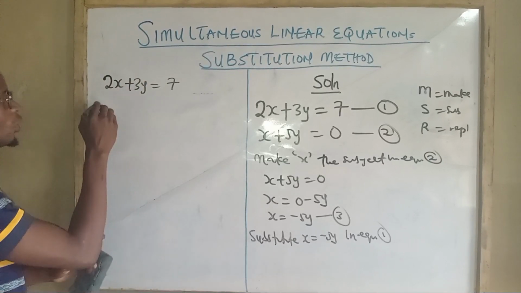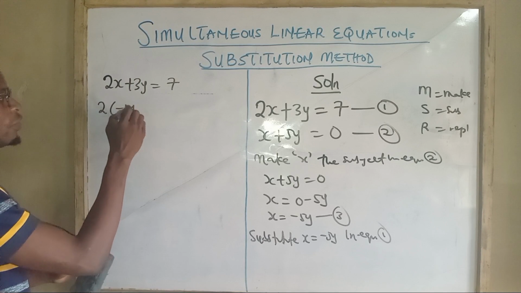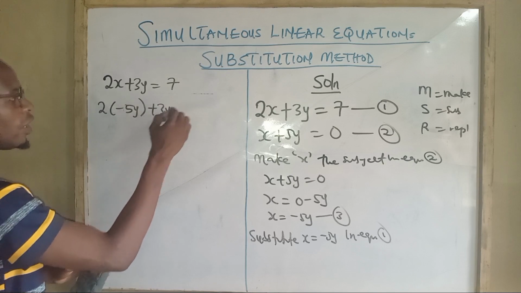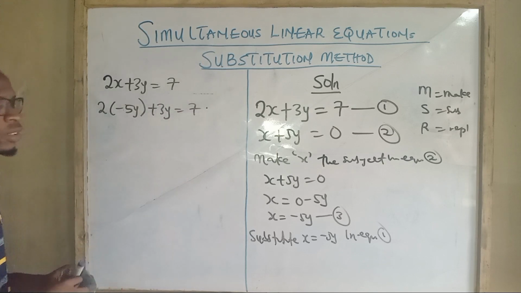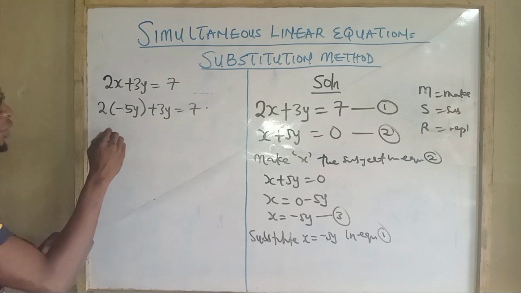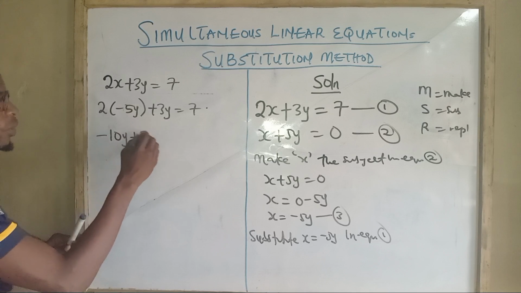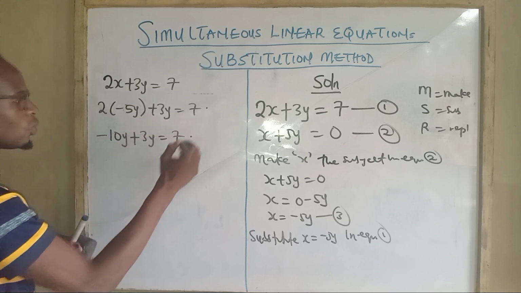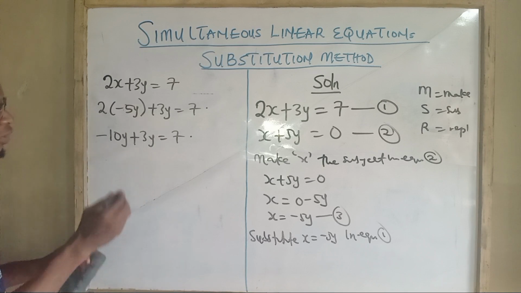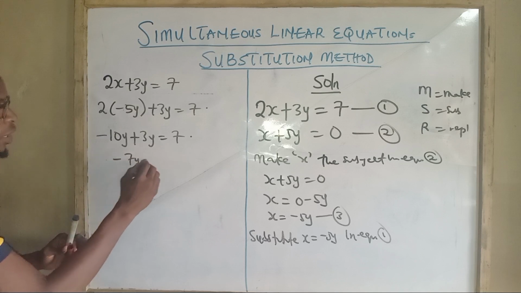So that becomes 2 brackets minus 5y, plus 3y equals 7. We open the bracket: this multiplied by this gives minus 10y plus 3y equals 7. So minus 10y plus 3y gives minus 7y equals 7.